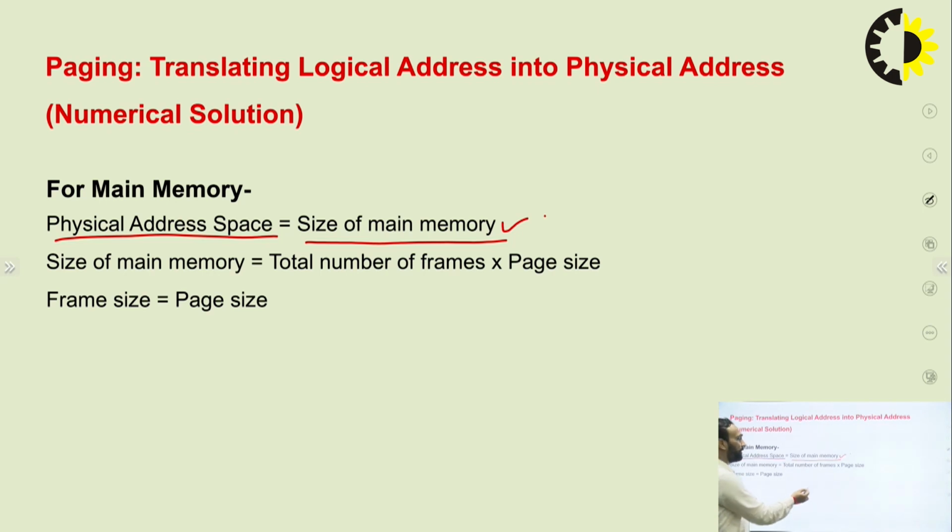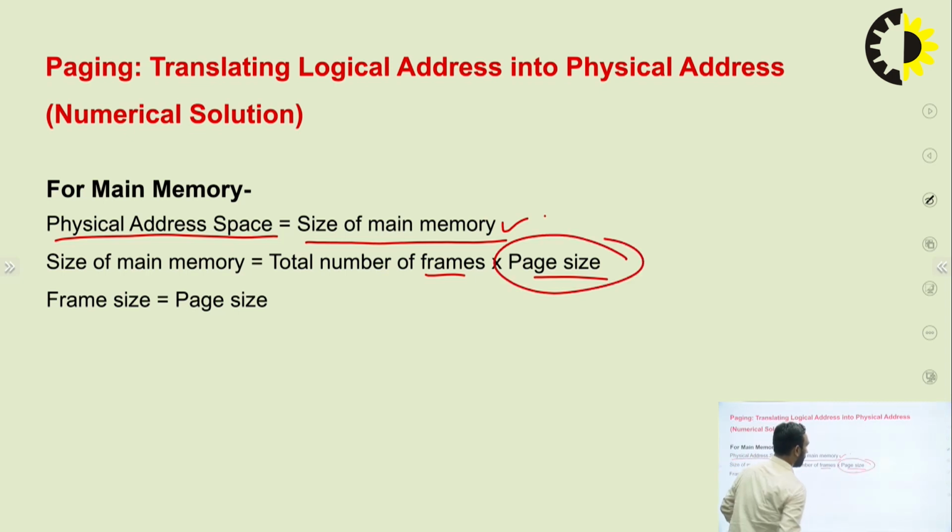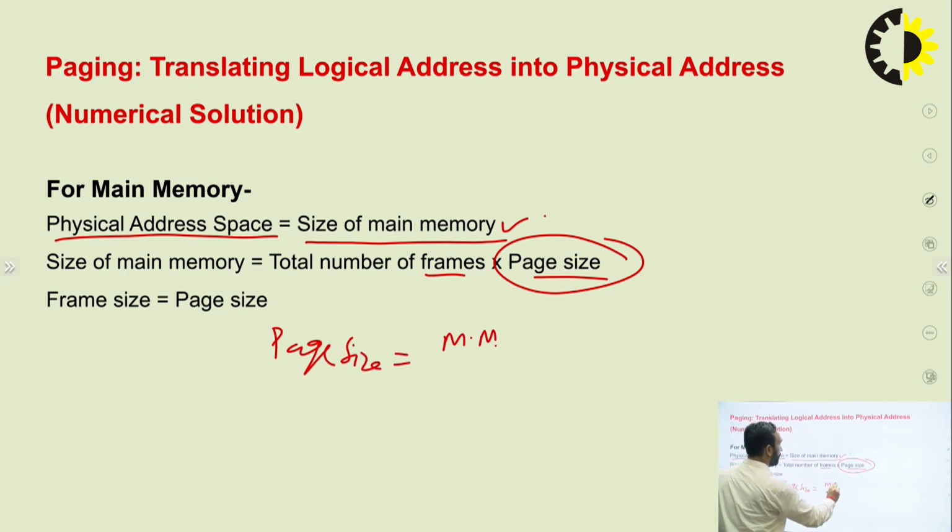What is the size of main memory? If we have the frame and page size, we can easily calculate the size of main memory. Or for example, if we don't have the page size, how will it be calculated? Page size will be main memory size divided by total number of frames.